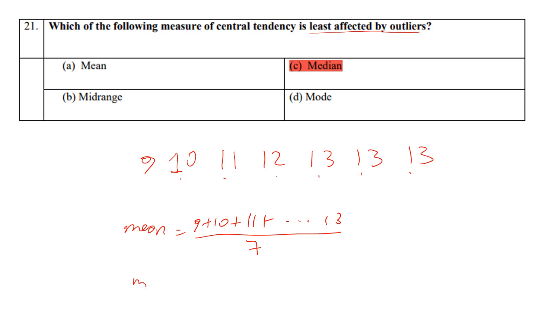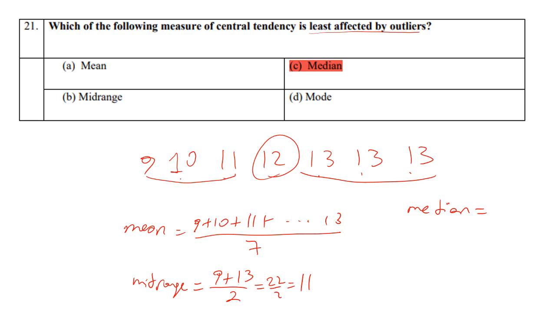The mid-range is 9 plus 13 over 2, which is 22 over 2, which is 11. Now, the median here is 12. And the mode is 13.